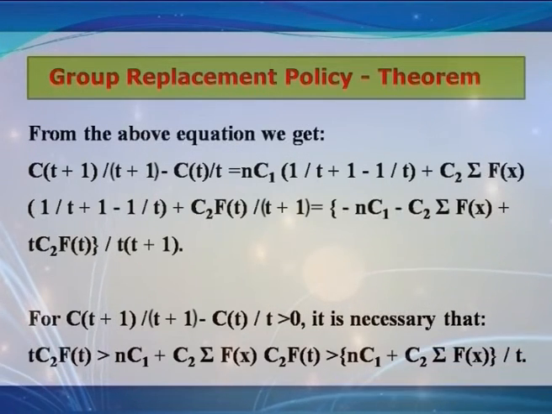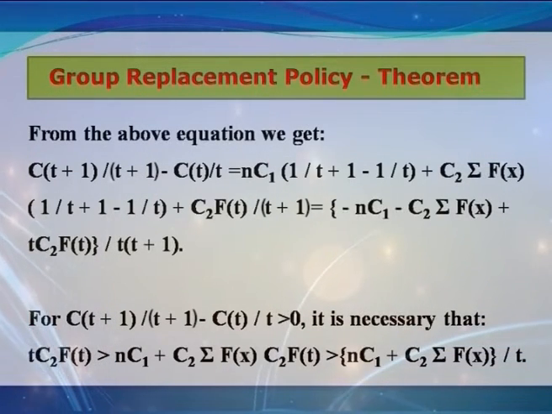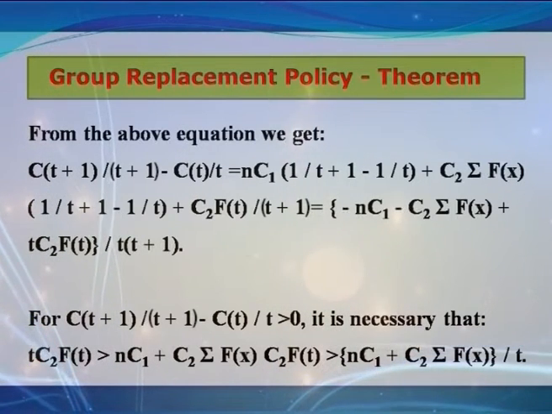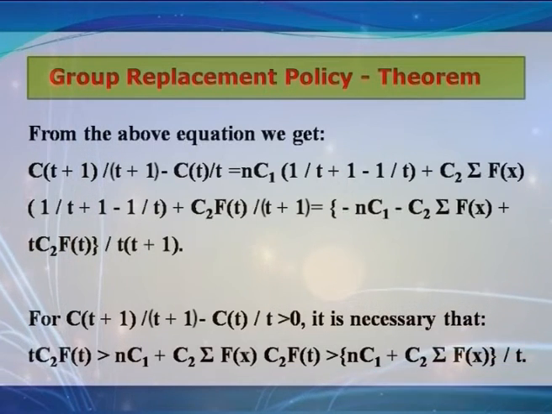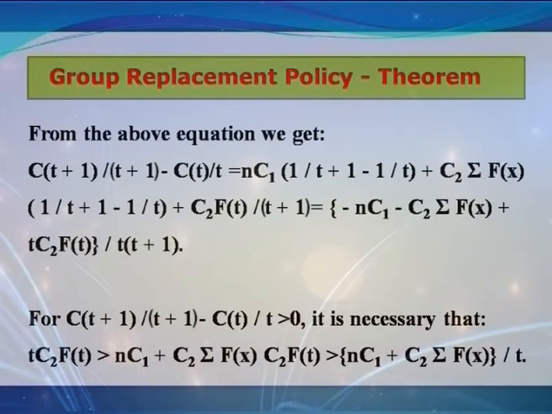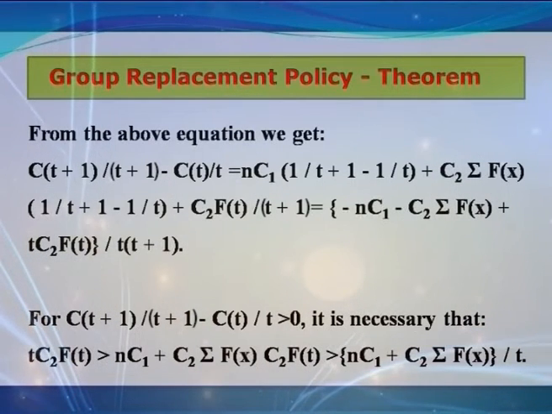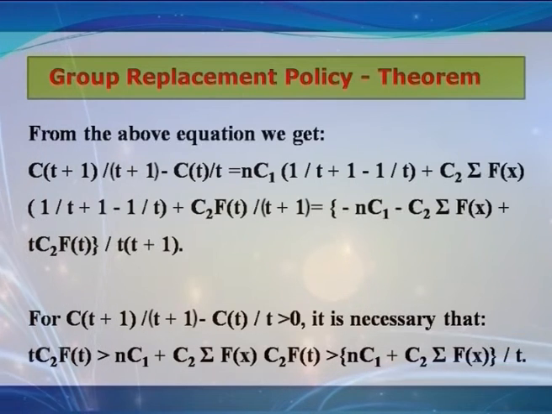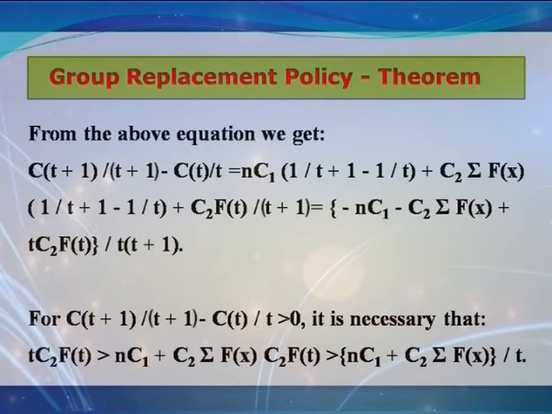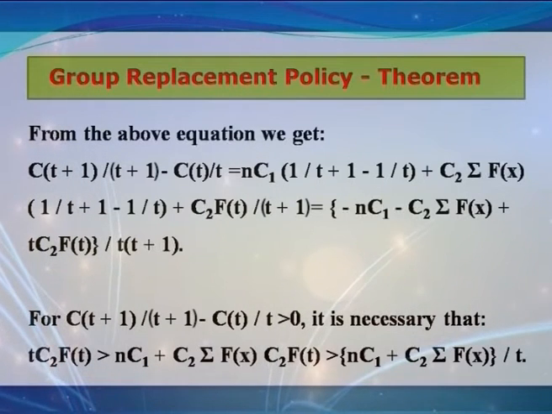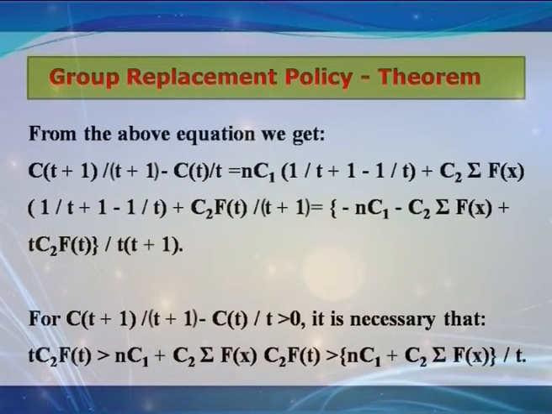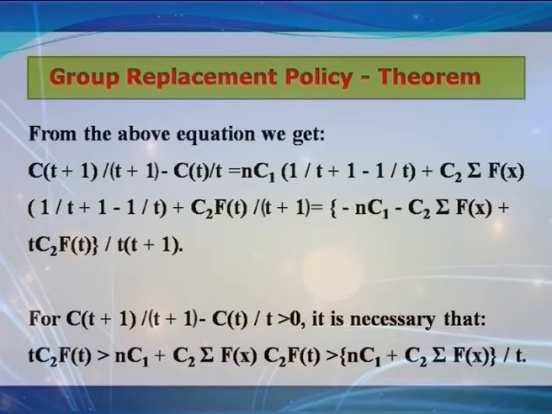From the above equation, we get C(T+1)/(T+1) − C(T)/T = nC1 (1/(T+1) − 1/T) + C2 Σ f(x) (1/(T+1) − 1/T) + C2 f(T)/(T+1) = −[nC1 + C2 Σ f(x)] + C2 f(T) / (T(T+1)).